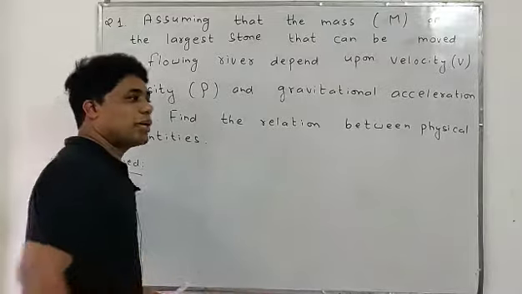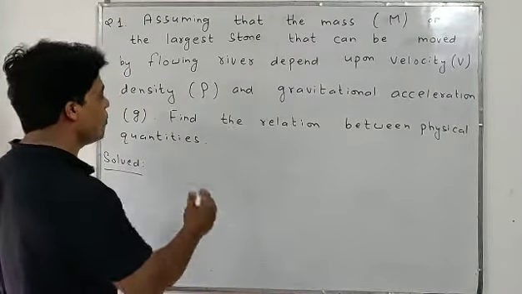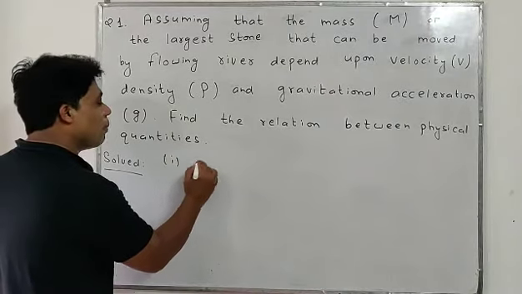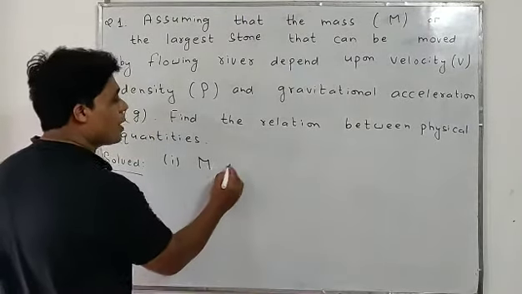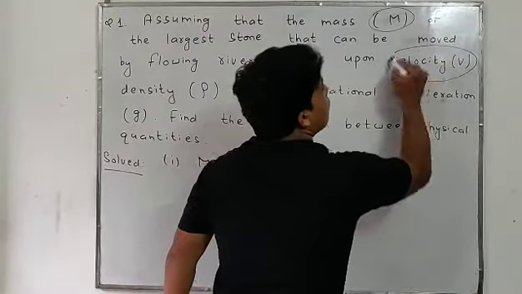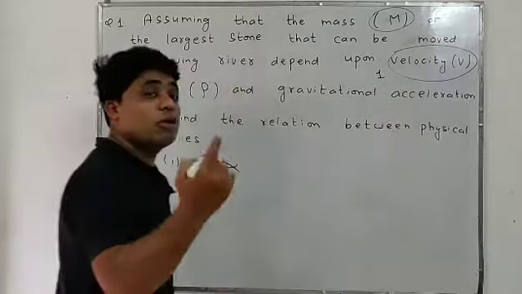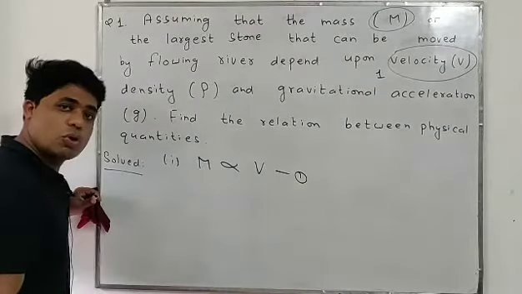So first of all, I'm going to explain the language. We are given a stone having mass m, and the mass of that stone depends on three components. Mass depends first on velocity, equation first.